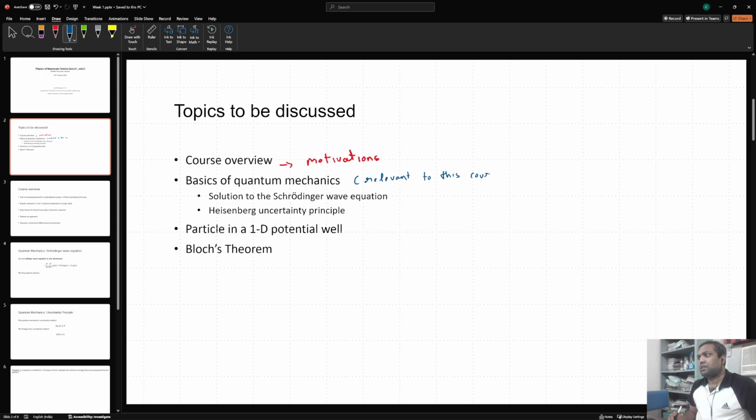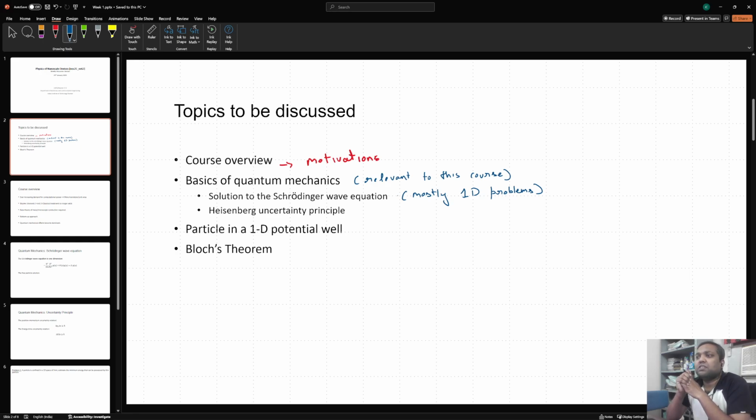In that, the main thing that we need to know is the solution to the Schrodinger equation, and even here, it's mostly the 1D problems, so one-dimensional problems, and then a little bit of understanding about the Heisenberg uncertainty principle. These are two concepts that will be relevant as we move further into the course.